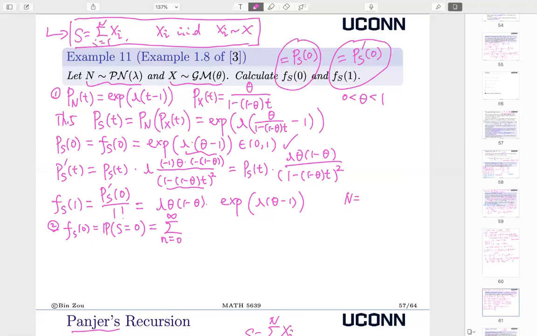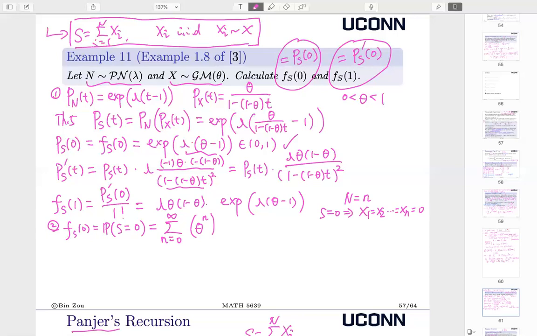So if I already know N equals small n, in order to get S to be 0, I will need every X_i to be 0, right? And the n of them, they are independent. So what is the likelihood? The likelihood will be simply taking theta to the power of n, right? This means all my X's are 0. Again, it's geometric, right? 0 means I don't wait.